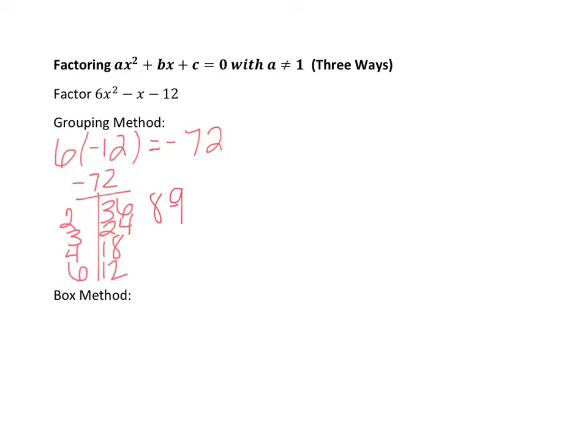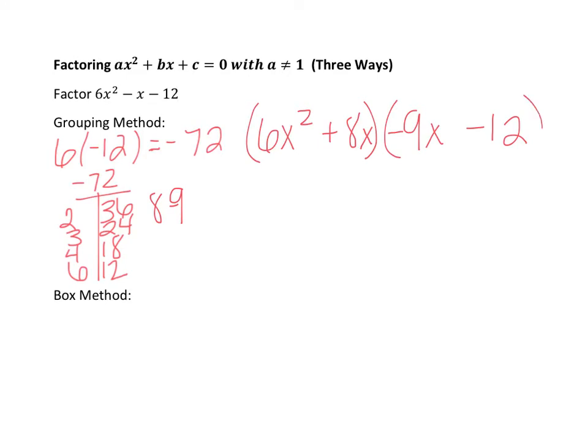So I'm going to rewrite this as 6x squared plus 8x minus 9x minus 12. And then I look at my two groups. What do the first group have in common? They have a 2x in common, so take that out.